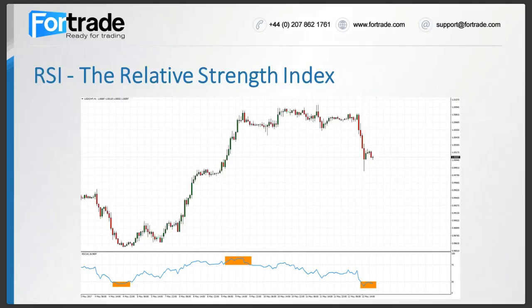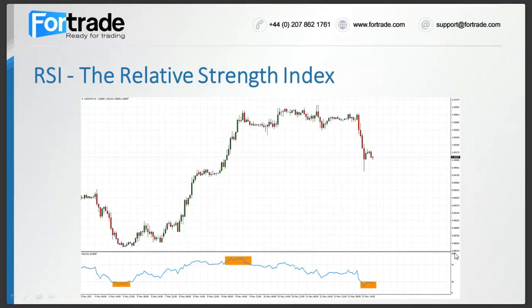The next indicator we're going to show you here is RSI. The Relative Strength Index compares the magnitude of recent gains to recent losses in an attempt to determine overbought and oversold conditions of an instrument. As you can see from the chart here, it is from 0 up to 100.